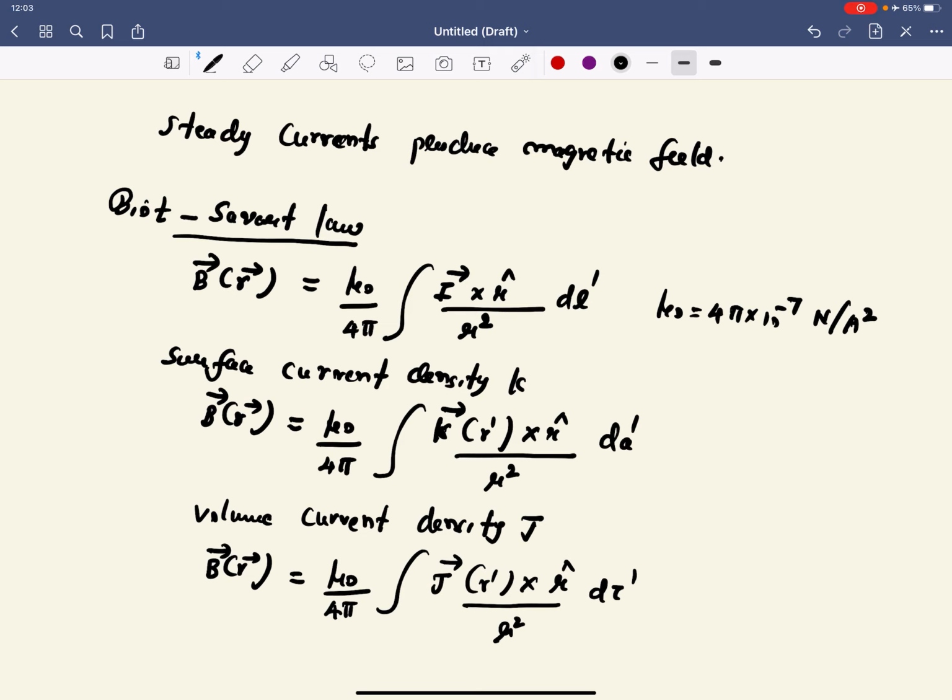So we have expressed the magnetic field, the Biot-Savart law, in terms of the various current distributions.